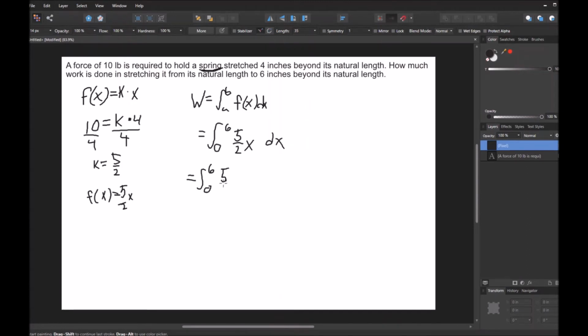So this 5 over 2 here, this 5 is coming from when we divided 10 pounds by 2, so we have pounds in the numerator, and then we have 2, which is coming from 4 inches divided by 2, so we have 5 over 2 pounds over inches times x inches, because we're going to be stretching a certain amount of inches.